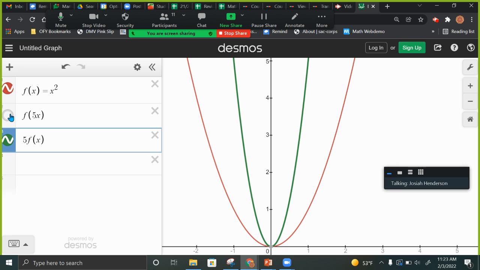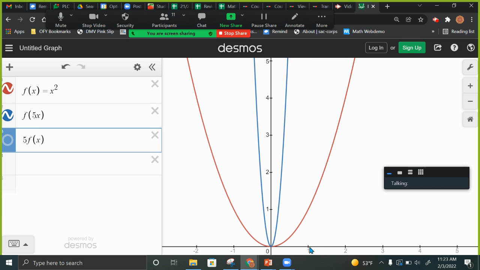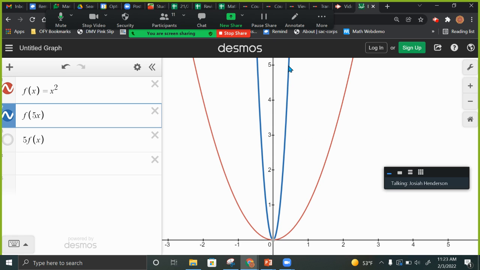Where our horizontal one, where the 5 is on the inside, this one is over 1/5. 0.2 is 1/5, up 1. And how does that relate to the 5?